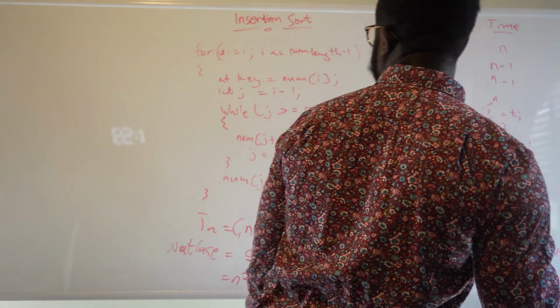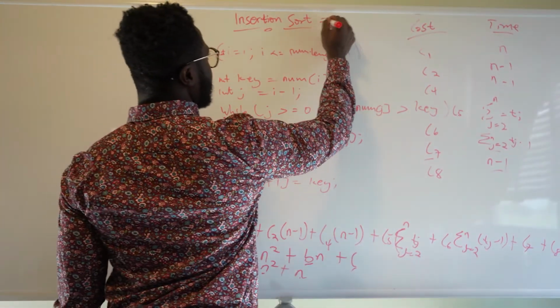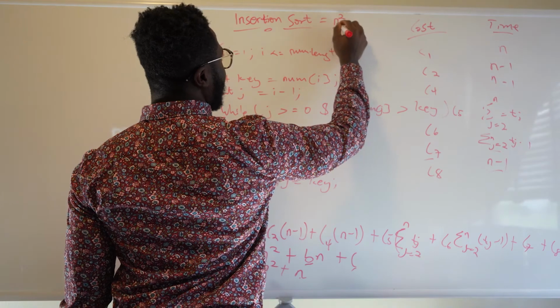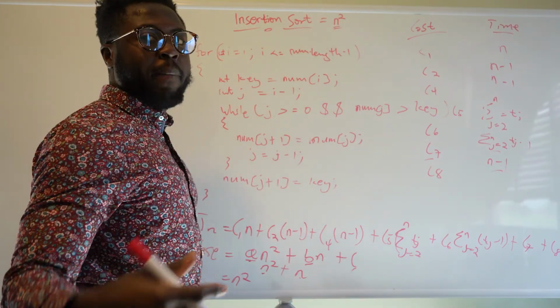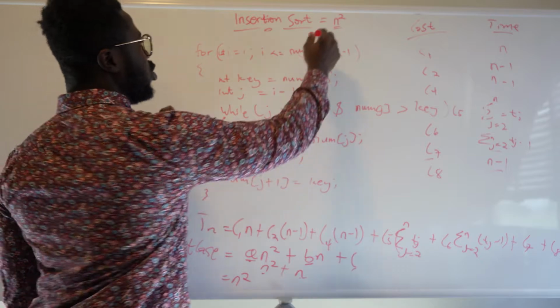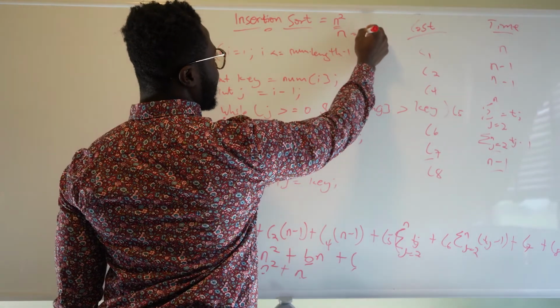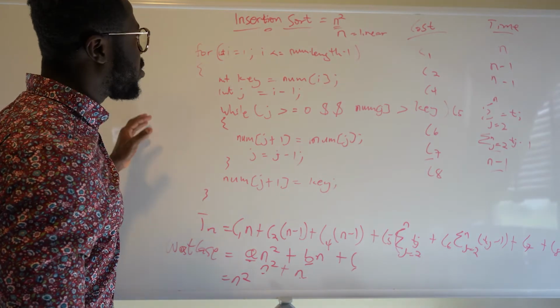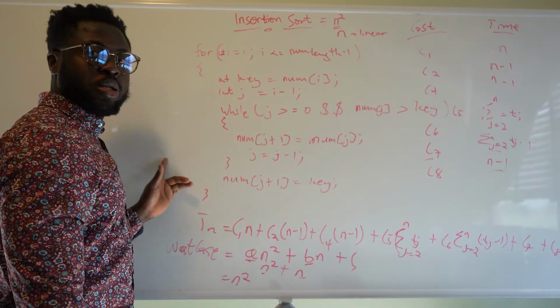So the worst and average case of insertion sort are going to be n squared. The best case is going to be n, which is linear time. So that is what we have for insertion sort.